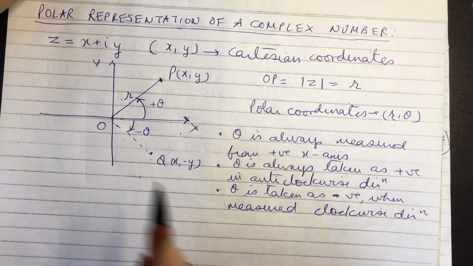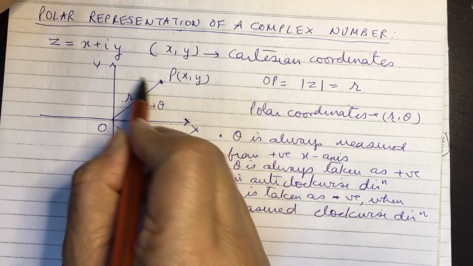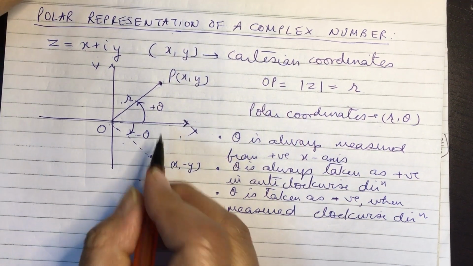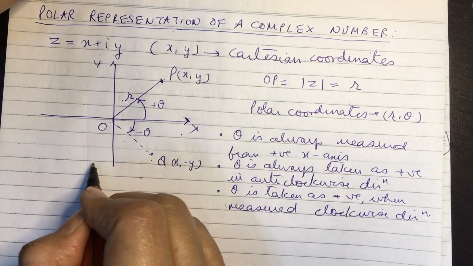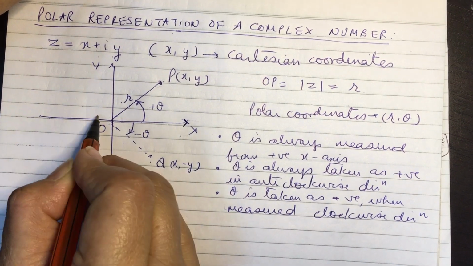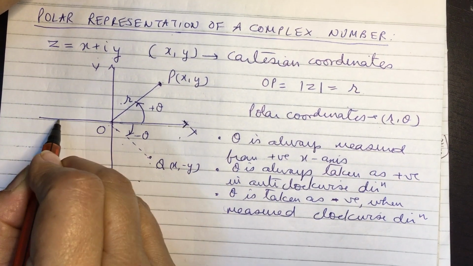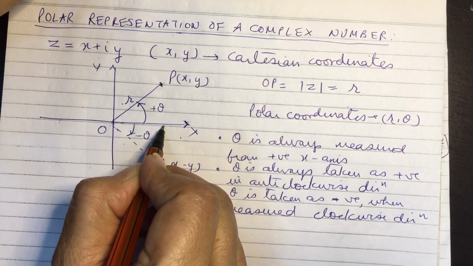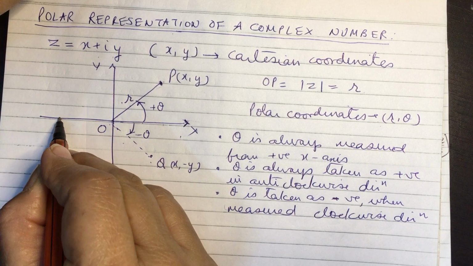Now, as we can see, the four quadrants cover an angle equal to 360 degrees. Those 360 degrees can also be covered if we start from the negative x-axis, and reach this side, and then again cover this whole angle.